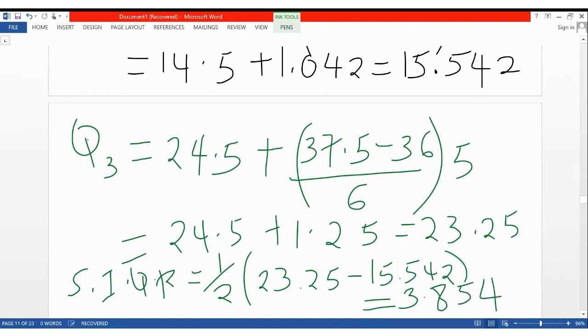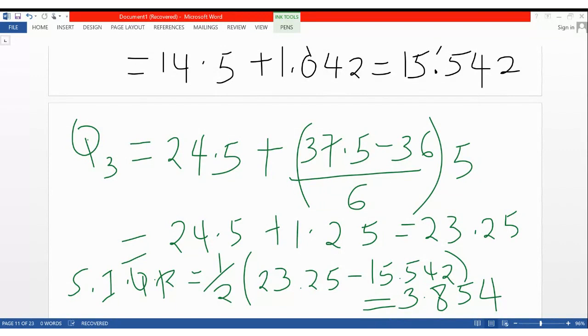If you can understand how you are getting the median, I've multiplied with the class width. I multiplied 37.5 minus 36. I got 1.5. Then I divided by 6. Then I multiplied by 5. I'm getting 1.25. Okay, where are we wrong?